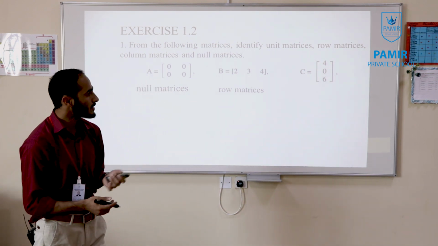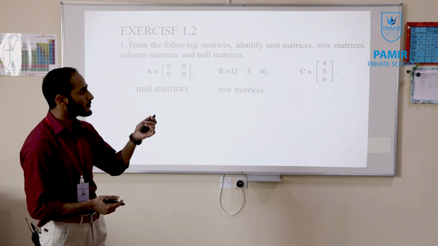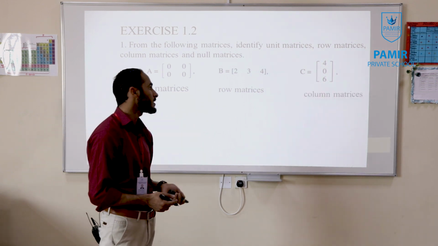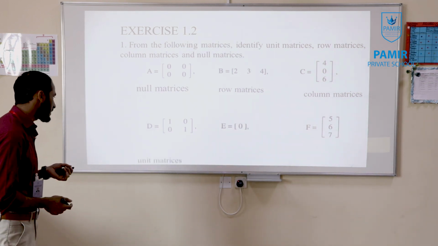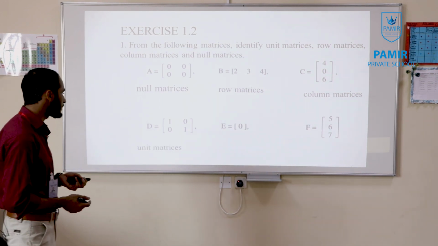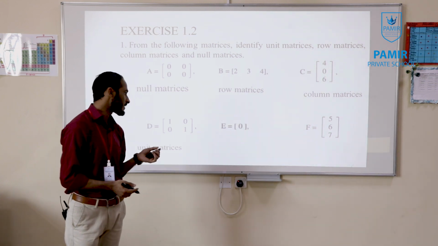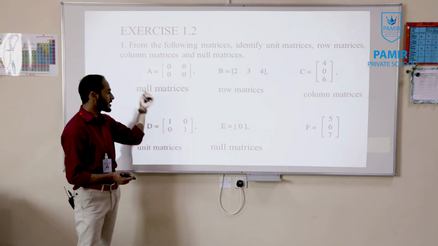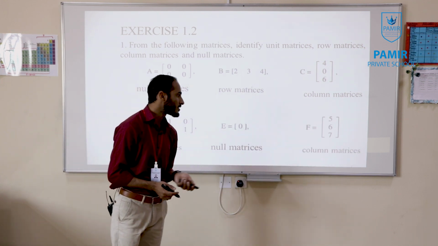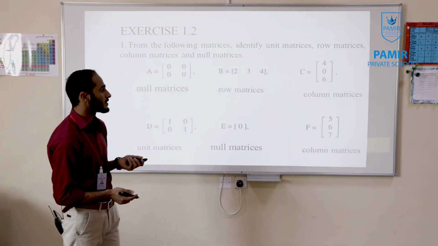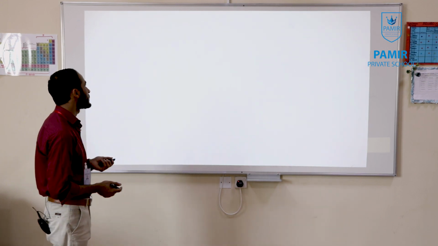Then matrix C is present in the form of a column only, so we call it a column matrix. Then matrix D is a special matrix, which we call a unit matrix. Then again a null matrix, same as matrix A. And then F is a column matrix in the given example.